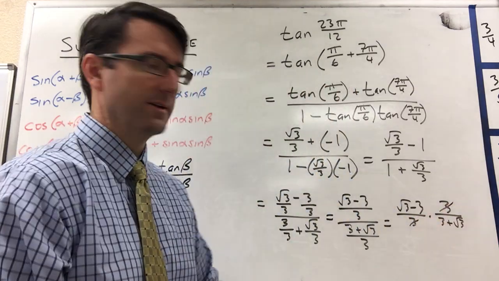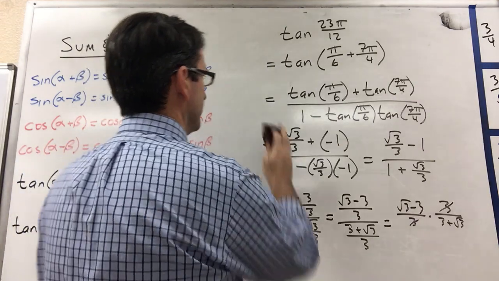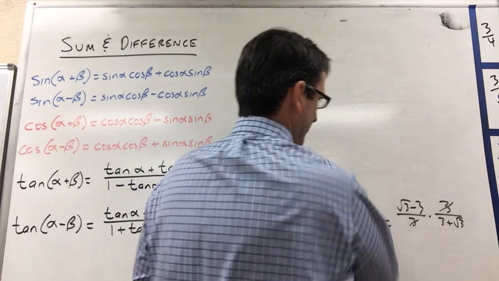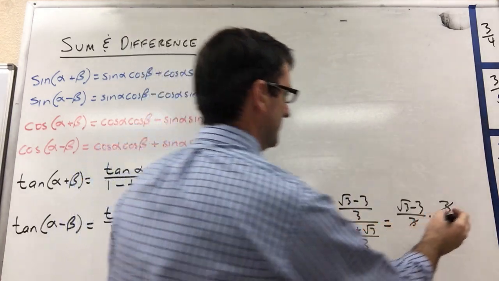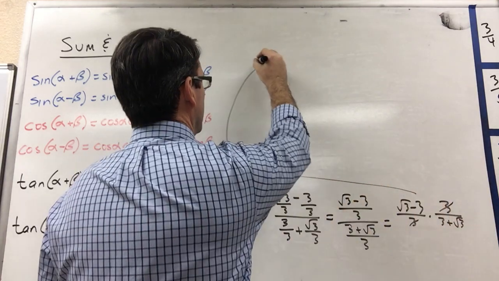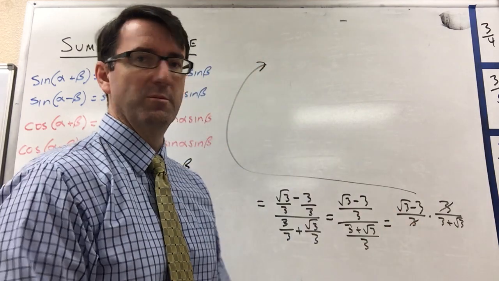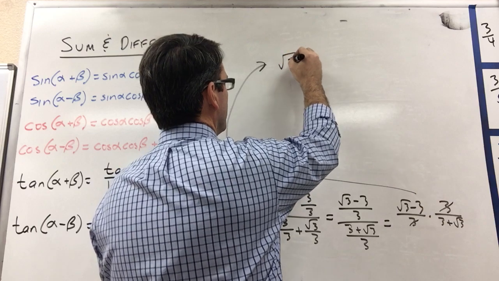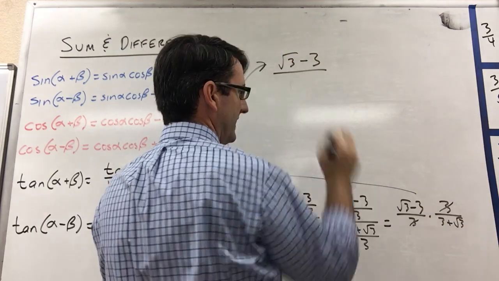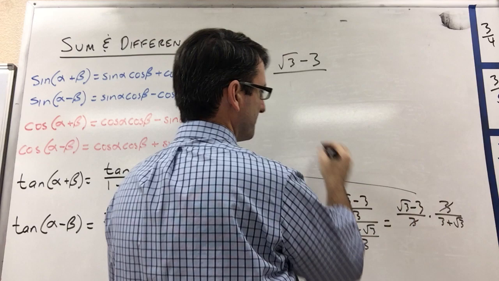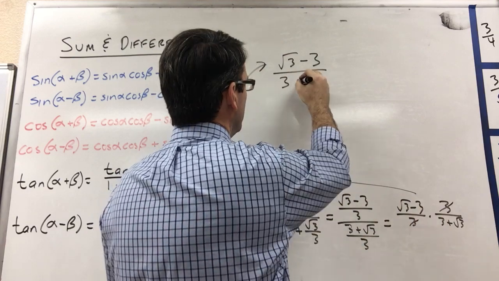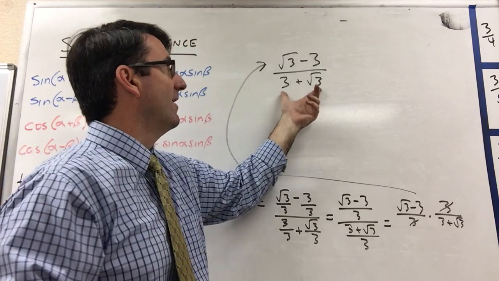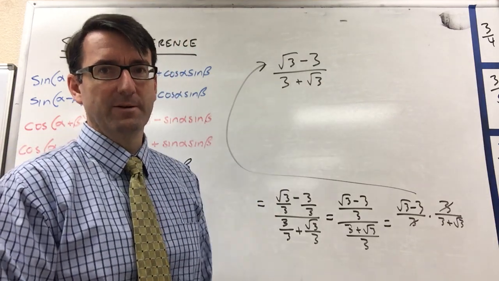And so what we have here, and let me erase some of this and write this up here. We'll continue this up here so that I don't run out of board space. But this is going to be the square root of 3 minus 3 divided by 3 plus the square root of 3. All right, now we need to rationalize this denominator.